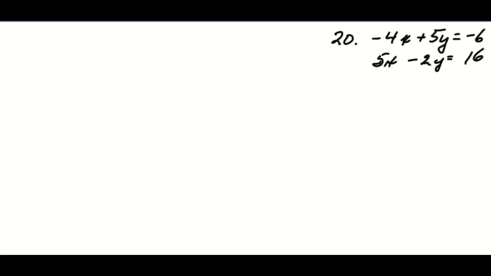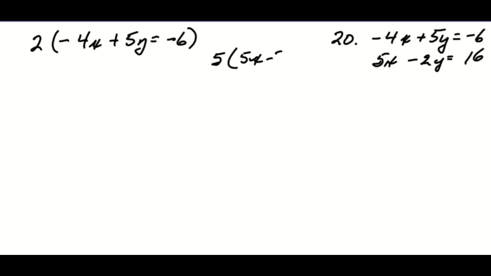If I multiply that first equation through by 2, times negative 4x plus 5y equals negative 6. And then I multiply that second equation through by 5, 5x minus 2y equals 16. We're just doing that off to the side.